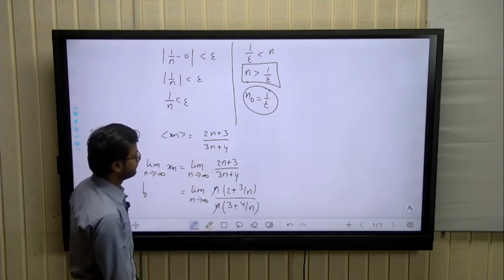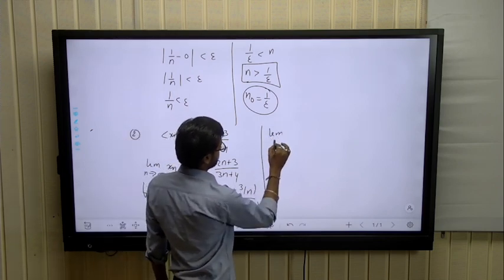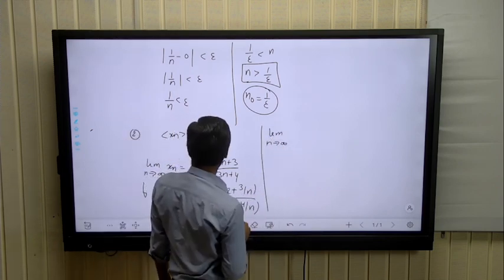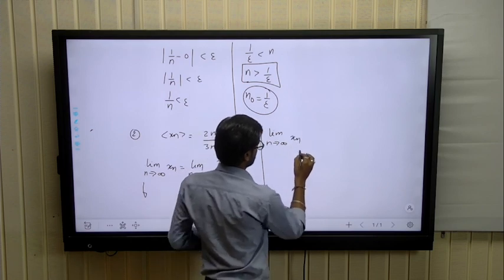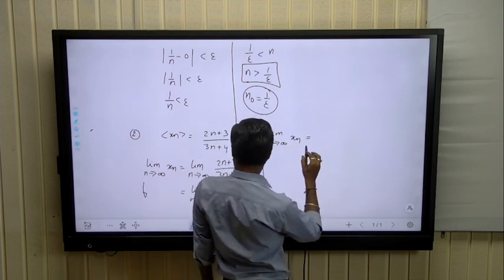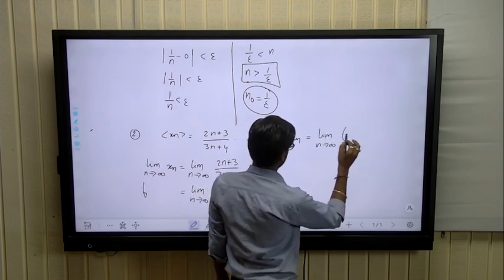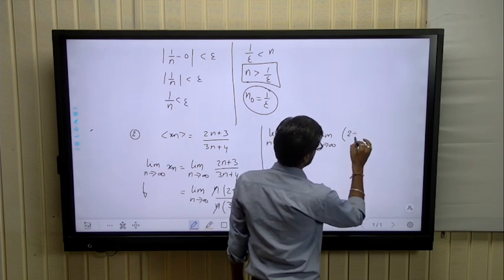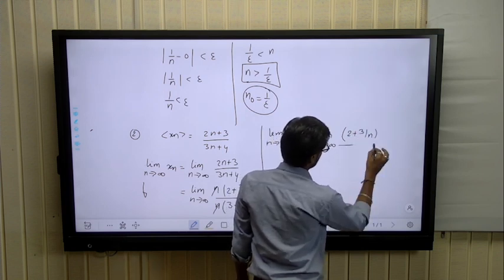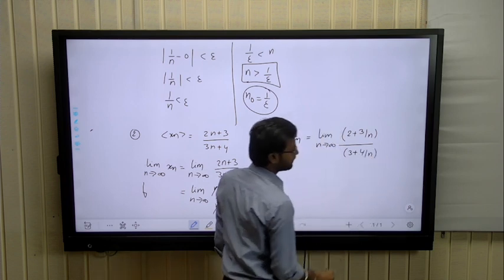The n cancels out with n. Now limit as n tends to infinity of xn is equal to limit as n tends to infinity of (2 plus 3 upon n) upon (3 plus 4 upon n).